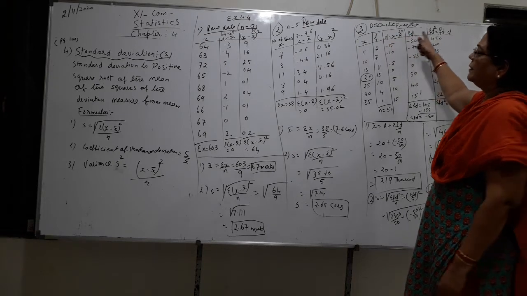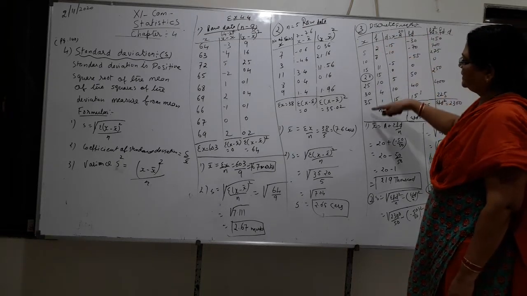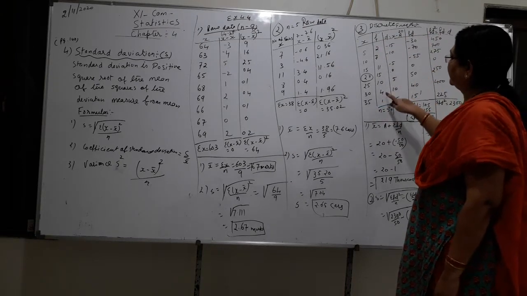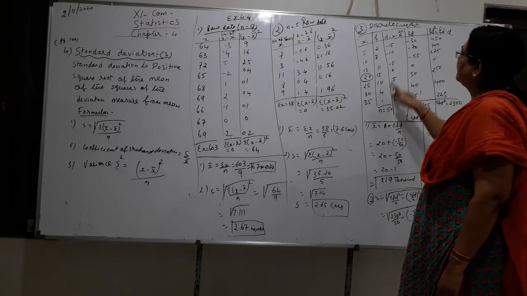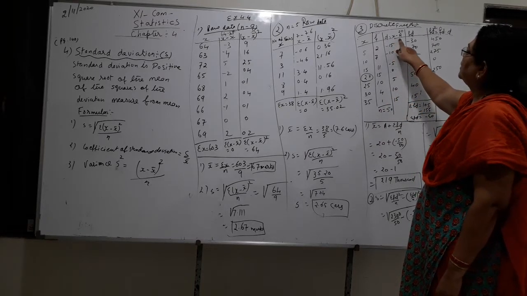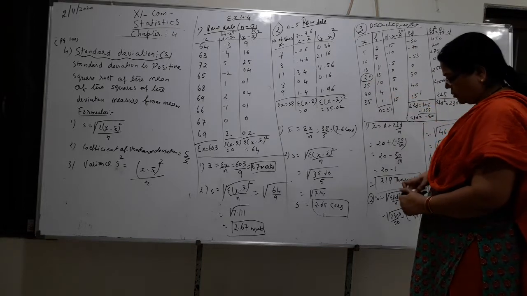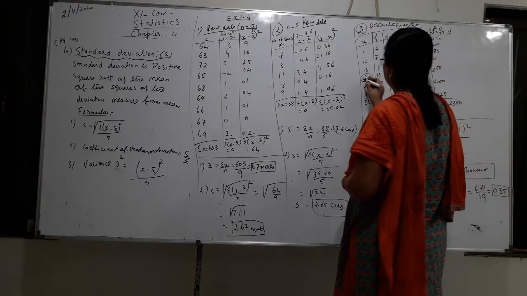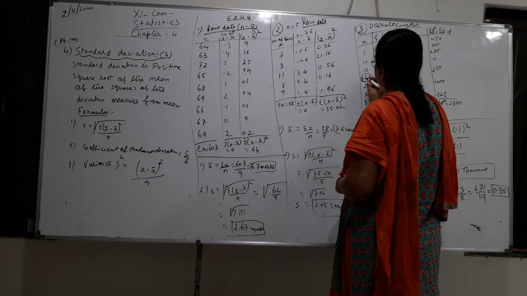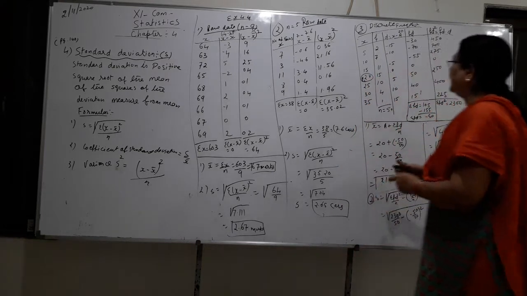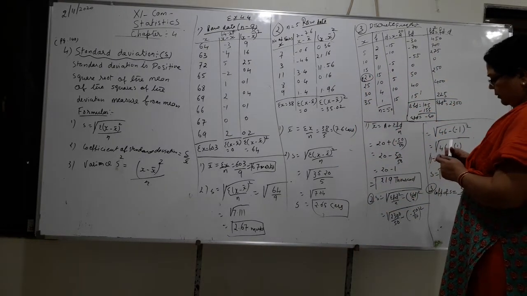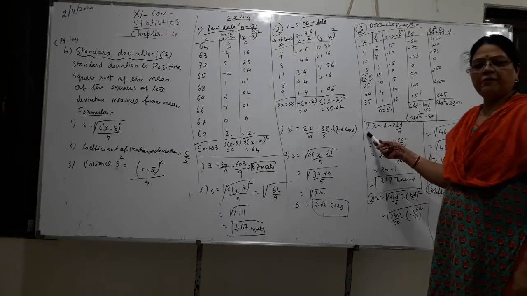In discrete frequency distribution, all these are x and f is given. So in the short method, we will use d equal to x minus a. A means assumed mean. So this is a, children. A equal to 20. Now for number 1, we will find out x bar.